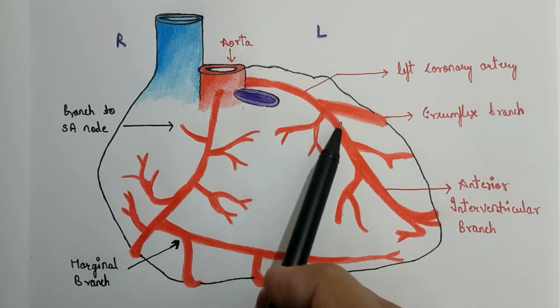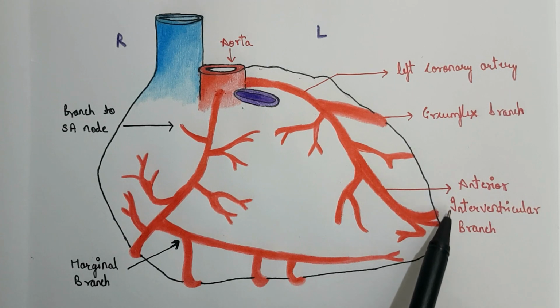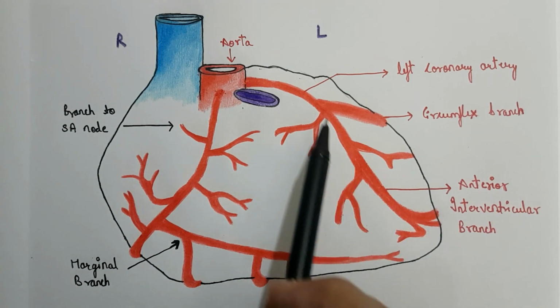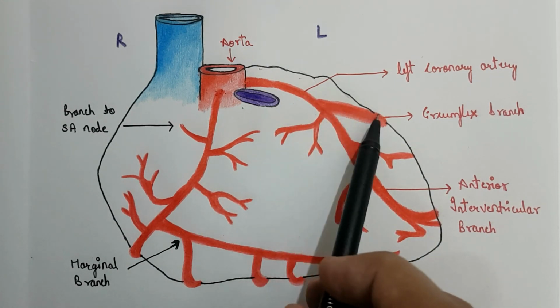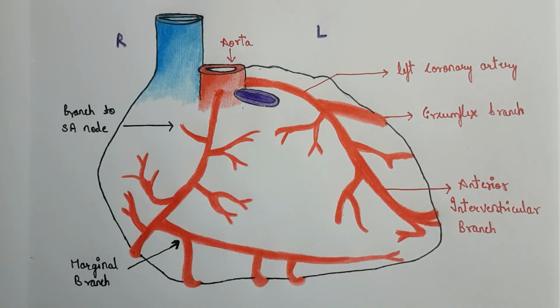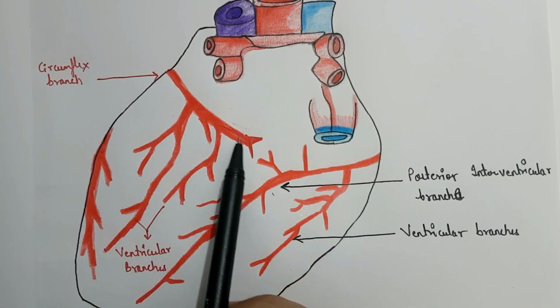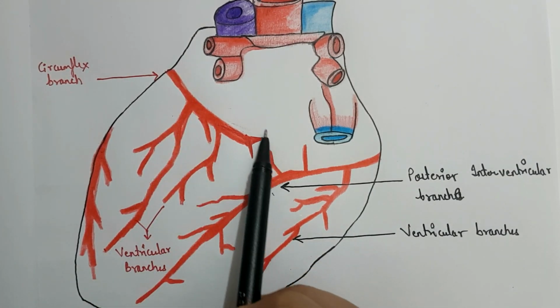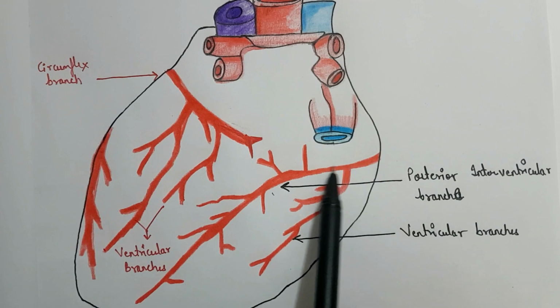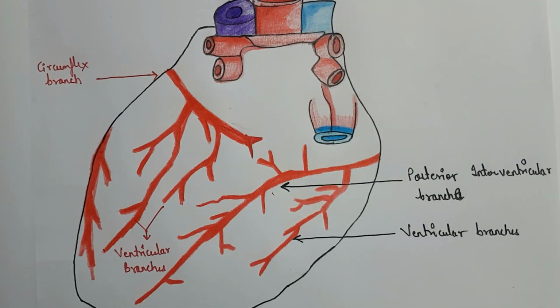Here it gives a very large branch, the anterior interventricular branch, and further continues as the circumflex branch and enters the diaphragmatic surface of the heart. After reaching the diaphragmatic surface, it lies in the left posterior coronary sulcus and terminates by anastomosing with the right coronary artery as well.